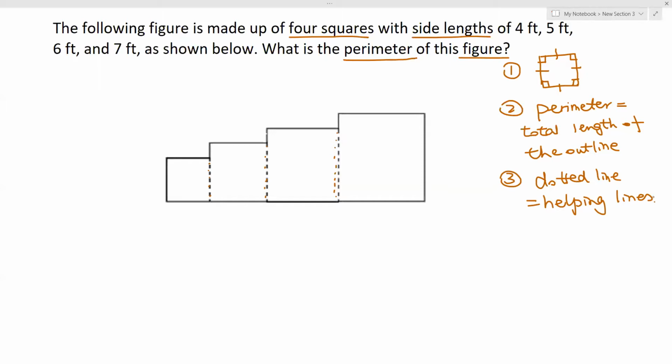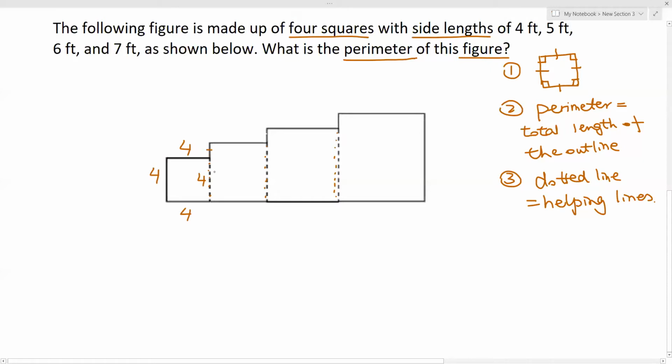In this case, because of these dotted lines, we know that there are 4 squares in this figure, and we also know that the side length is given. So for example, for the first square, we know that the side length is 4 feet. And we can go ahead and label 4 on all 4 sides. So although we are not counting this dotted line, we're going to go ahead and label the length here because we need to figure out this little guy here, right?